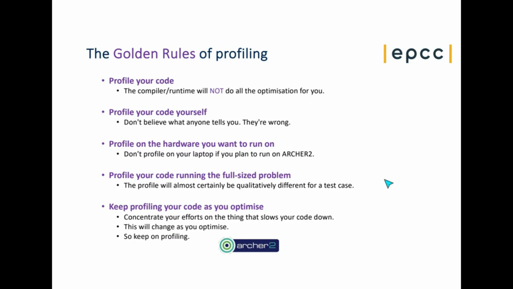So you can look at routine level or loop level information. You can get some insight with performance counters. What CrayPat does reasonably well is it covers different programming models. It handles MPI plus OpenMP code quite well.